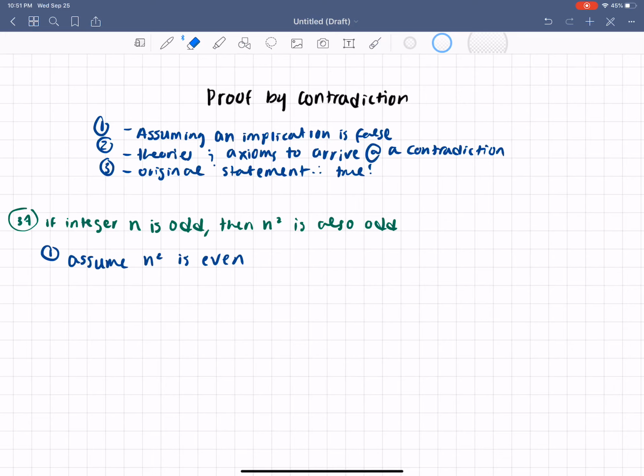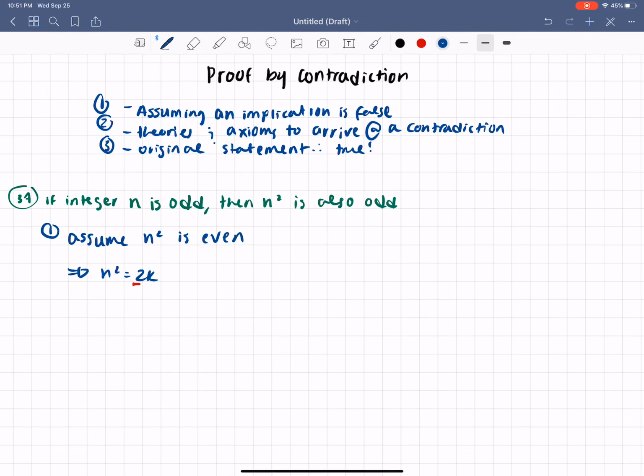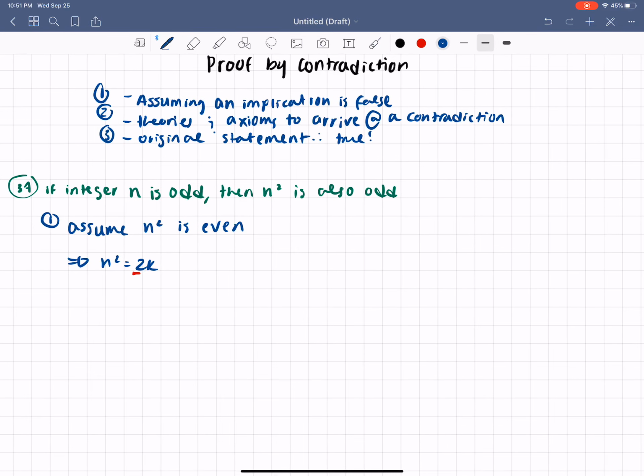So that would mean n squared equals 2k, because any even number has or includes a factor of 2. Pretty much, we can also write n squared as n times n, which is also equal to 2k.